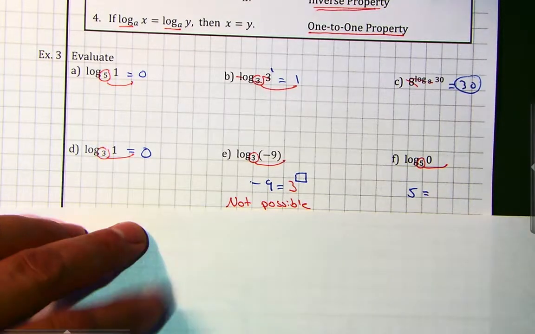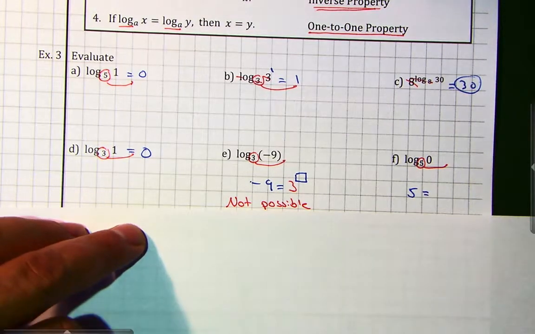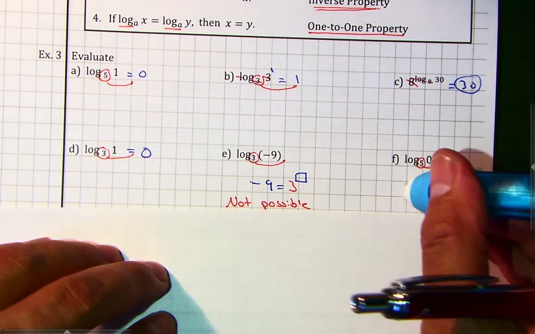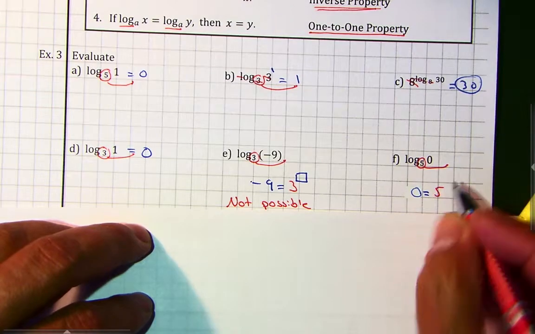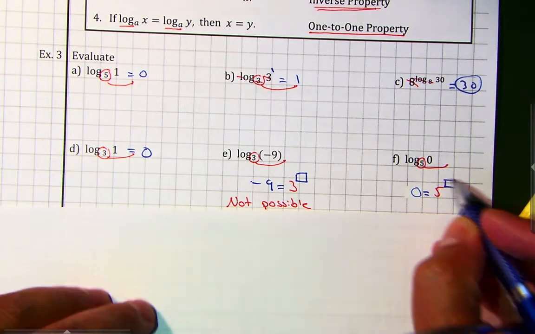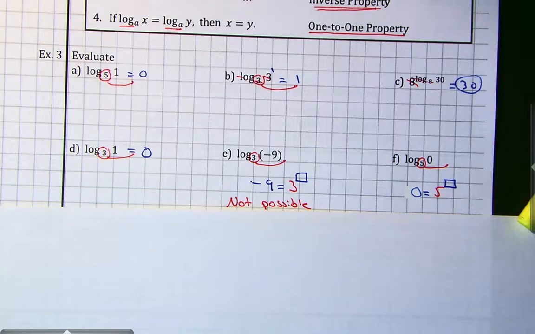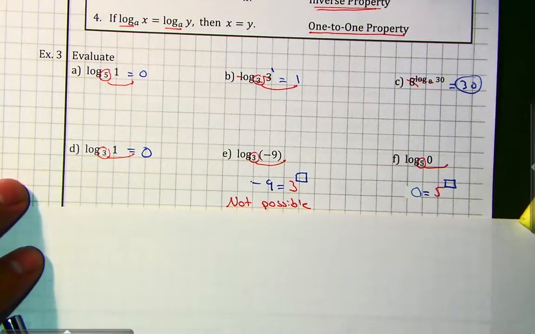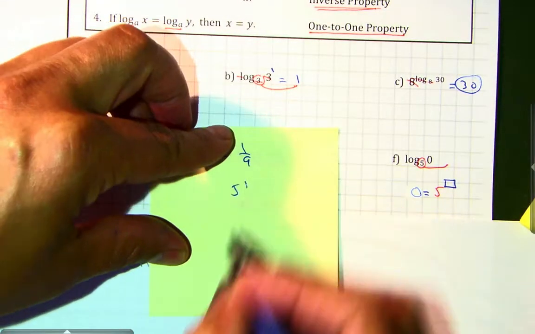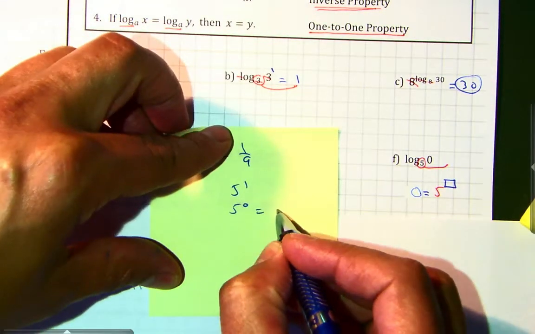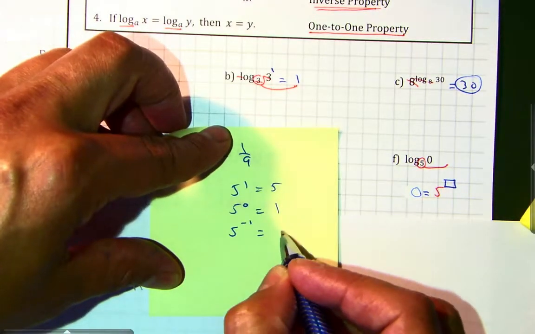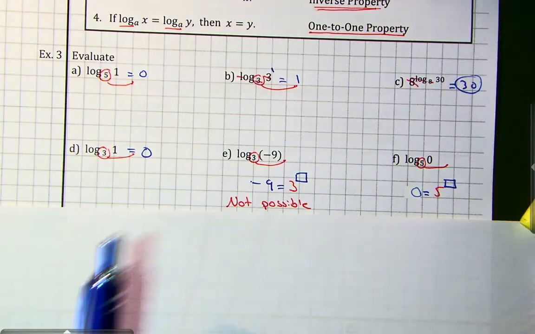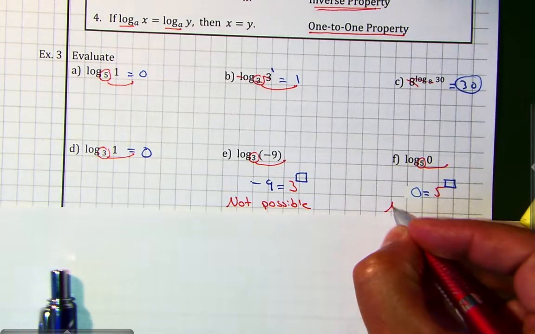Actually, let's write it the other way: 0 is equal to 5 to what? What is the exponent? Once again, not possible, correct? Because 5 to the first power is 5, 5 to the 0 power is 1, and 5 to the negative 1 is 1/5. It can never be 0. So that is not possible as well.